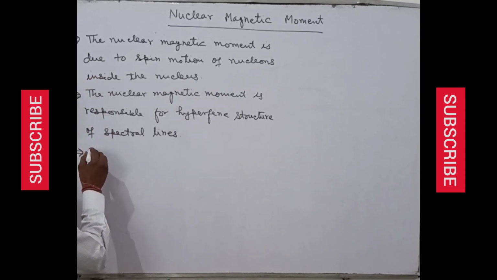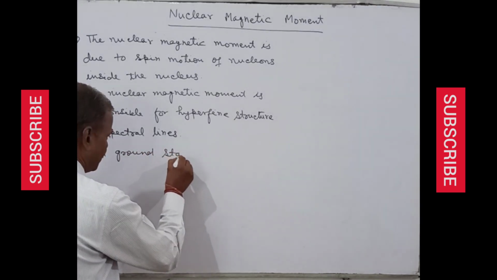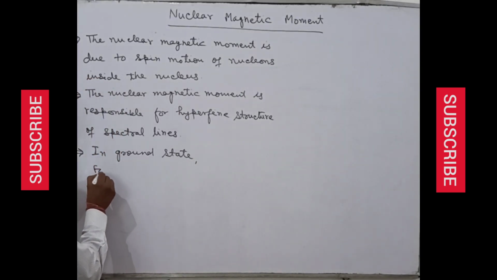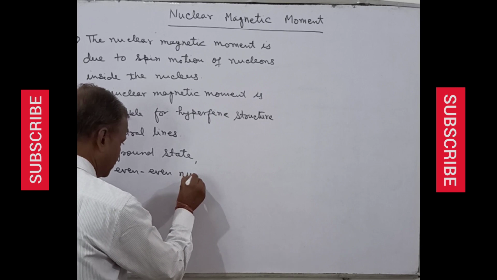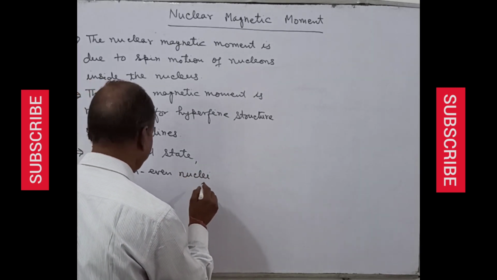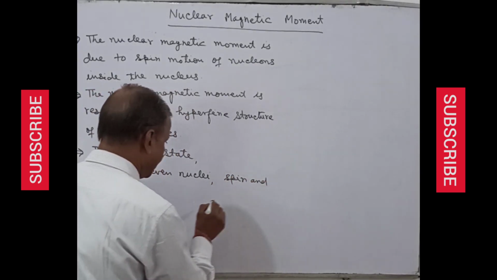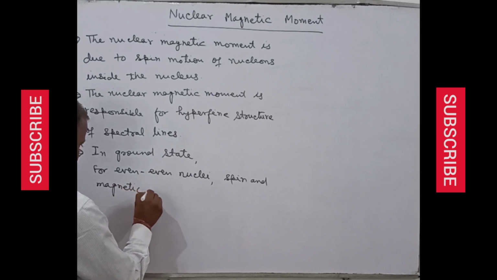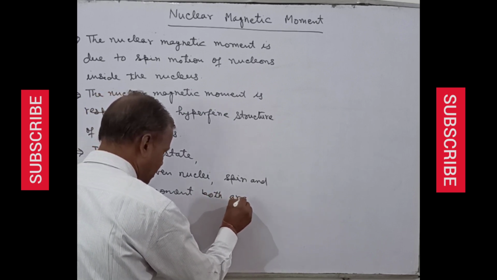In the ground state, for even nuclei, the spin and magnetic moment both are zero.